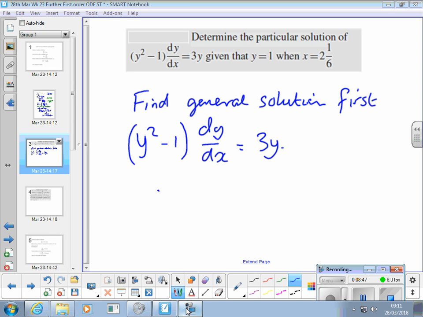So we can write dy by dx is equal to 3y over y squared minus 1.